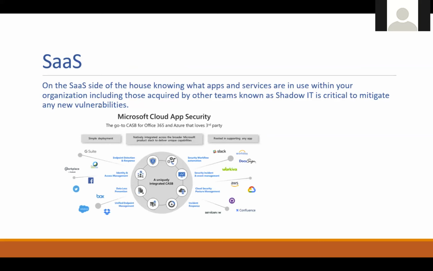So Microsoft on the SaaS side of the house can identify, you can link to other cloud services, and you can identify where your data lives outside of the Microsoft tenant, and still apply the policies and governance to external tenants that you may have within Google, Box, Salesforce.